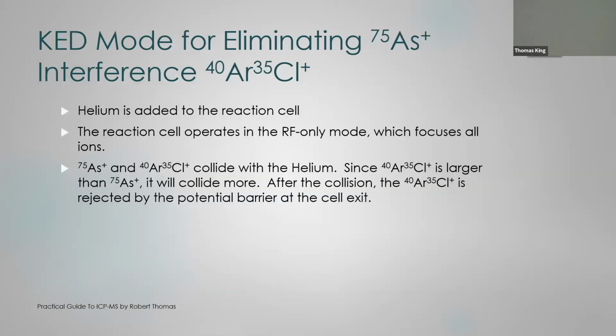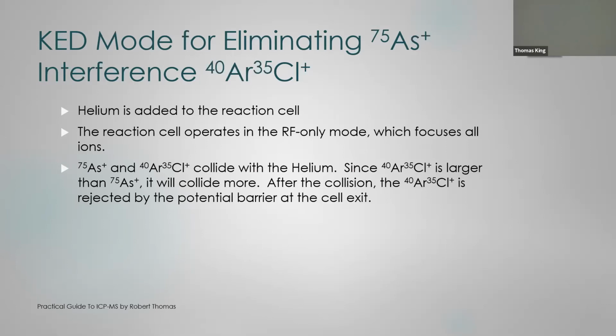And here's an example of how it works for an element that we actually analyze for, 75 arsenic. Once again, the helium is added to the reaction cell, and inside the plasma, argon chloride is formed, which has the same mass to charge ratio as the arsenic.